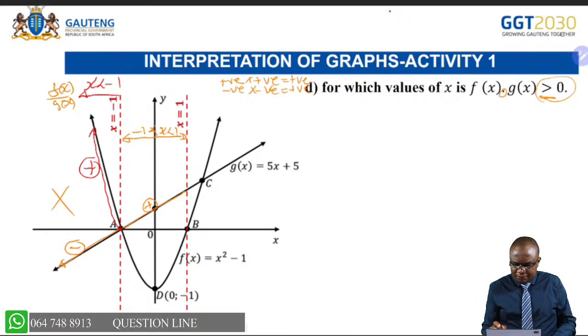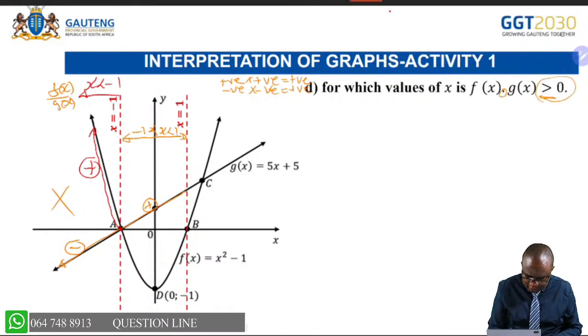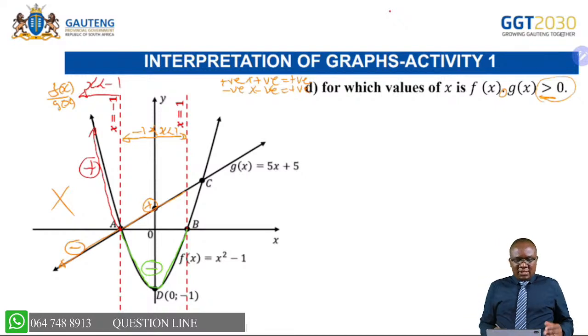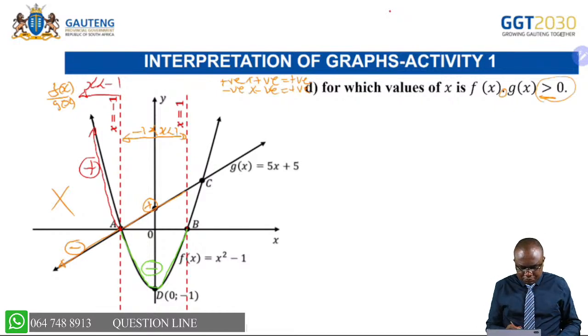And then f of x is negative because it is below the x-axis. So between -1 and 1, g of x is positive, f of x is negative. And now if we multiply these two, we'll get negative because positive times negative is negative. So this is also out.